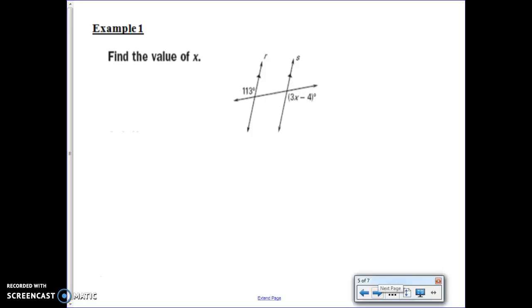Okay, so some other types of things that we can do is once we know that those theorems work, we can do some algebra work to solve for unknown variables. So first thing we need to look at, it says find the value of x, but I have two parallel lines that are being cut by a transversal.